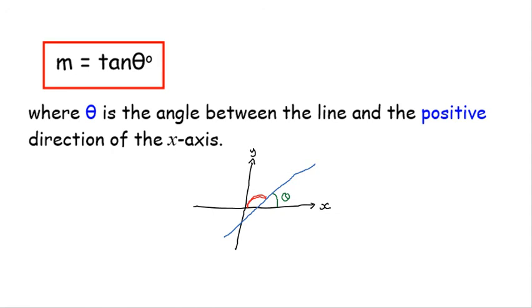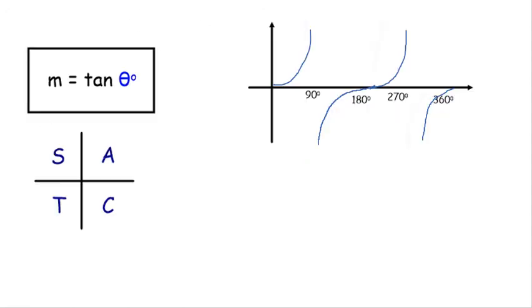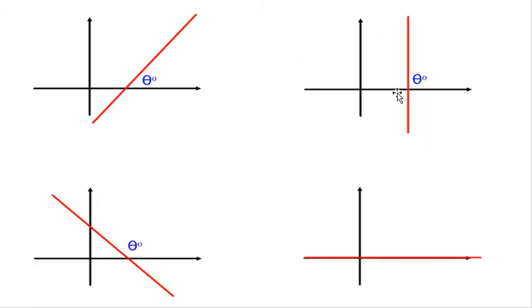Now, just a wee recap on our tan graph. I've drawn a wee rudimentary tan graph here just so you can recap on it. Got a few different lines, a few different diagrams of different types of gradients, and we'll just compare them to our tan graph. So first of all, if we have an acute angle, so this is where our line is sloping up the way, and the angle to the right hand side of the line is between 0 and 90 degrees.